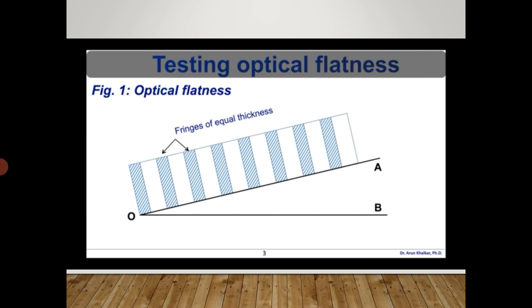If the bands curve towards the line of contact, the surface is convex. Similarly, if the bands curve in the opposite direction, then the surface is concave. This is the first application of interference, testing optical flatness.